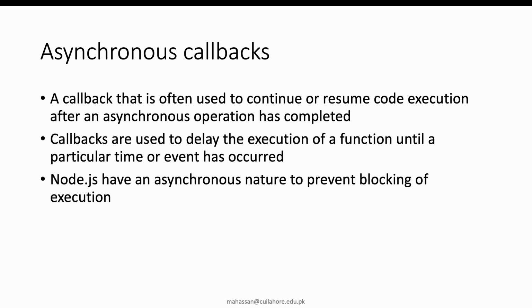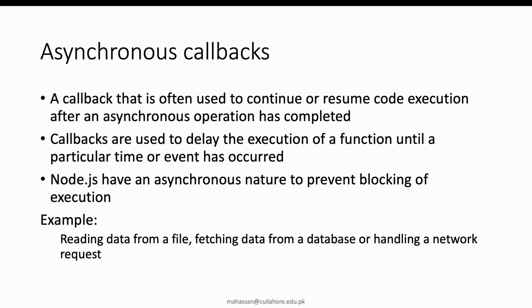This use case is important because most modules in Node.js have an asynchronous nature to prevent blocking of execution. Examples of asynchronous operations include reading data from a file, fetching data from a database, or handling a network request.